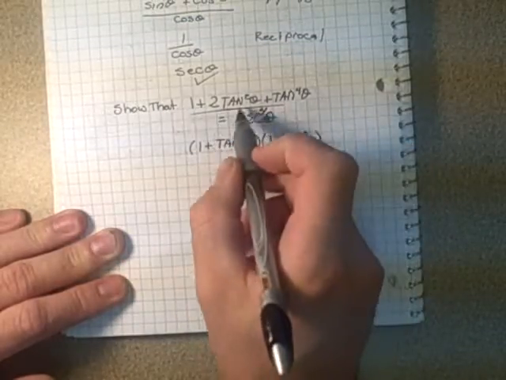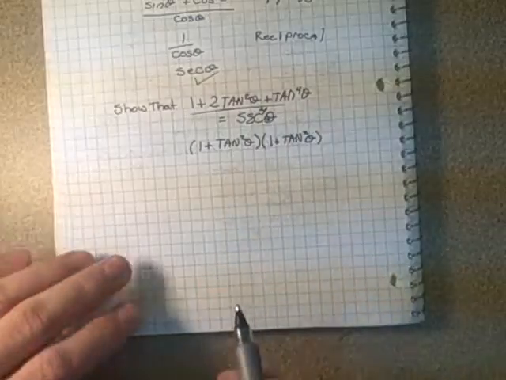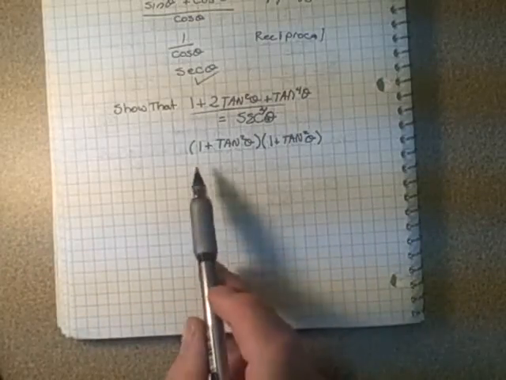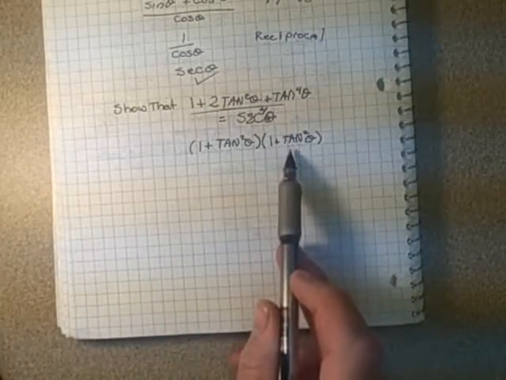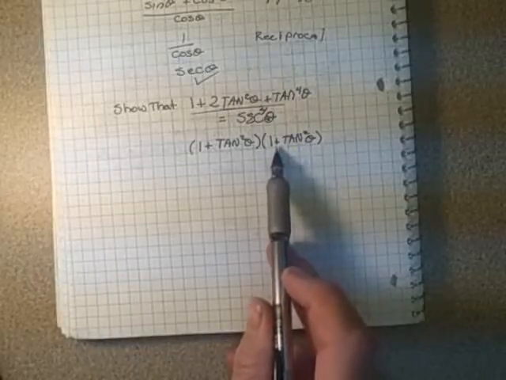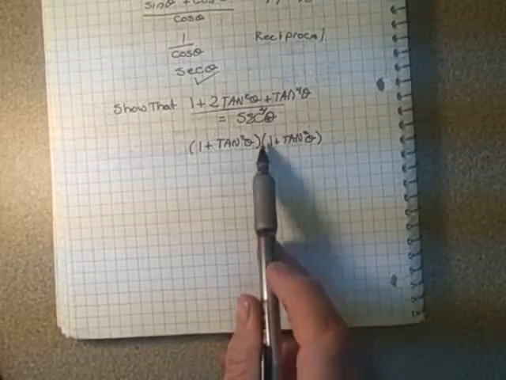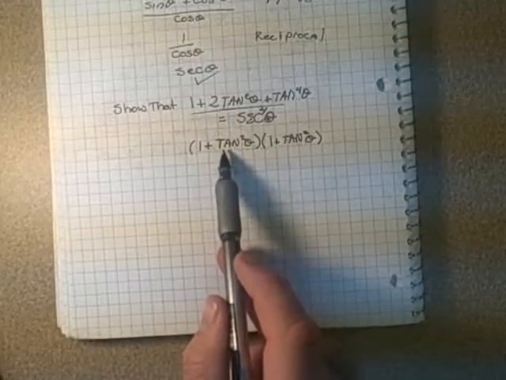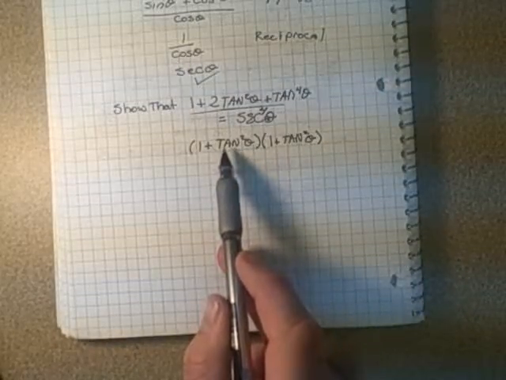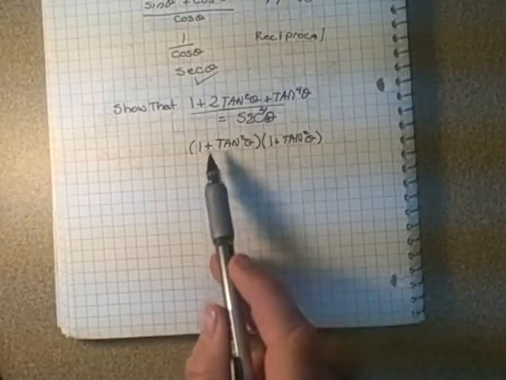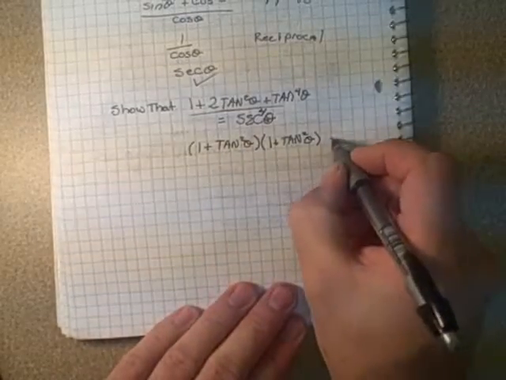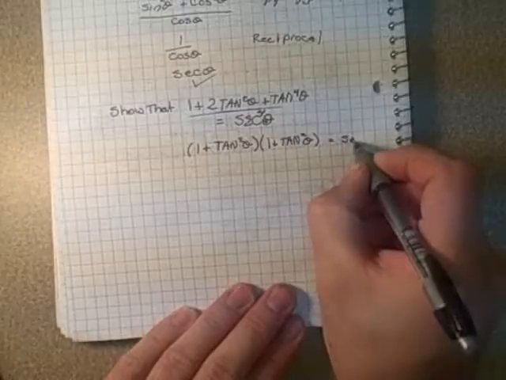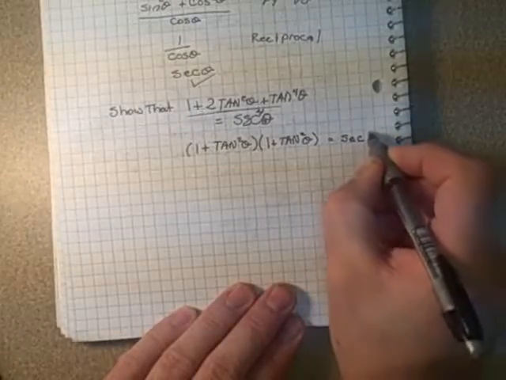So we factored the left side into this, and we now have a simple fact that this is going to equal secant to the 4th theta.